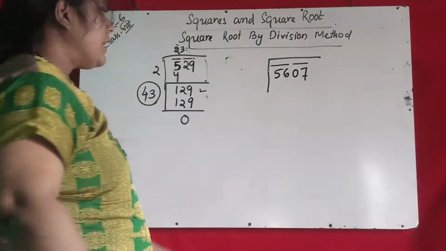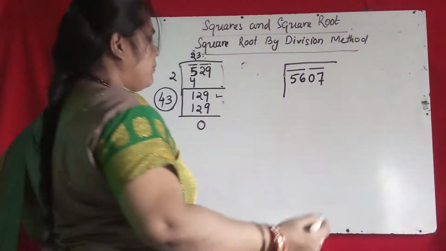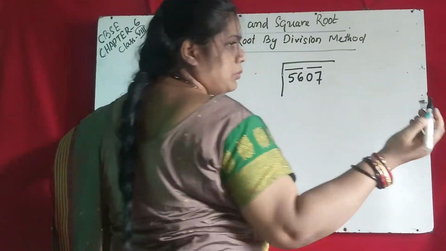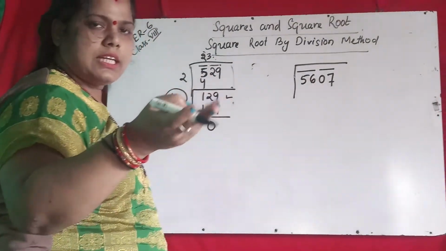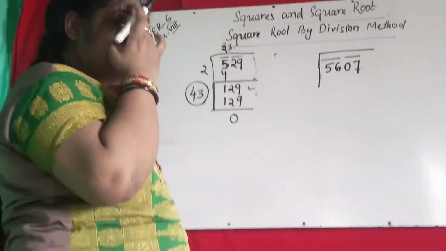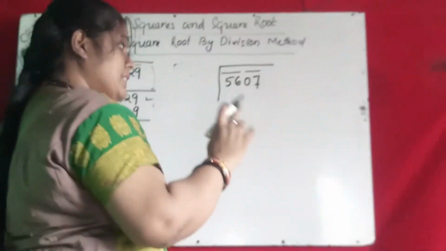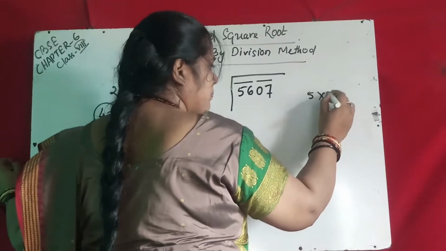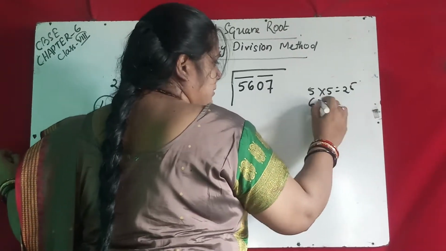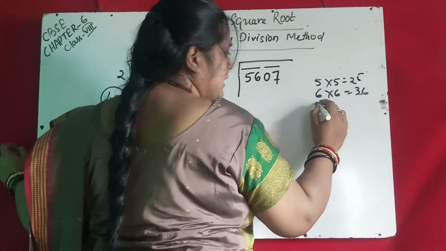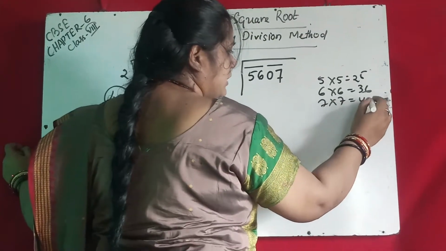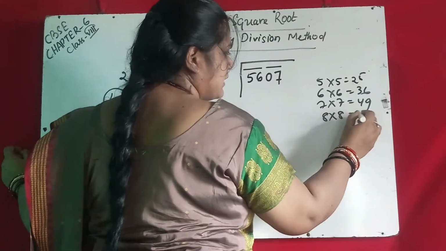Same procedure. Now for 56, we check squares: 1 times 1 is 1, 2 times 2 is 4, 3 times 3 is 9, 4 times 4 is 16, 5 times 5 is 25, 6 times 6 is 36, 7 times 7 is 49, 8 times 8 is 64.